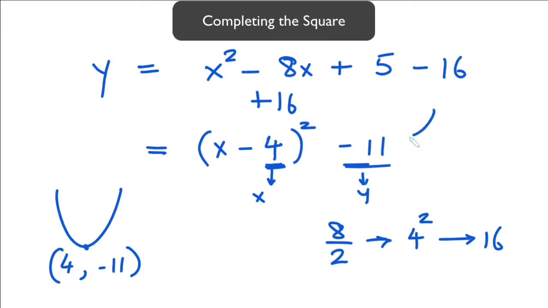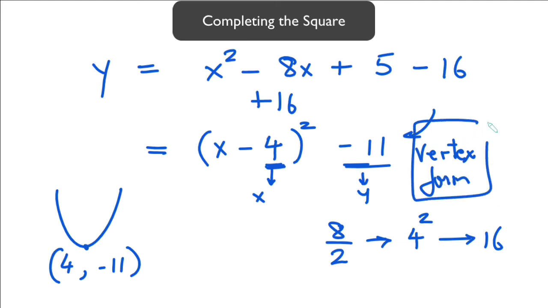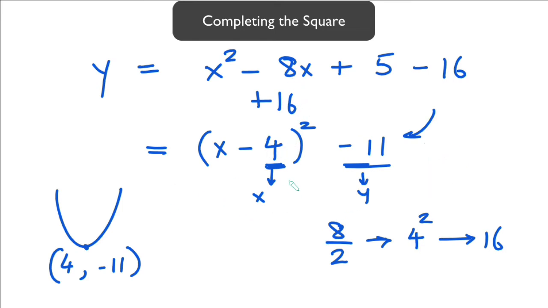Incidentally, this is also called the vertex form of the parabola. But remember, the more important thing is you do the completing the square concept, you've got 4, you square it, you get 16, and you immediately have this answer 4 over here, and then you add and subtract 16, and you should be getting your answer.